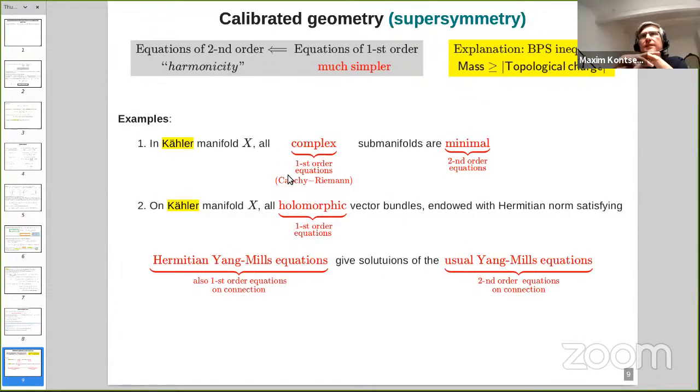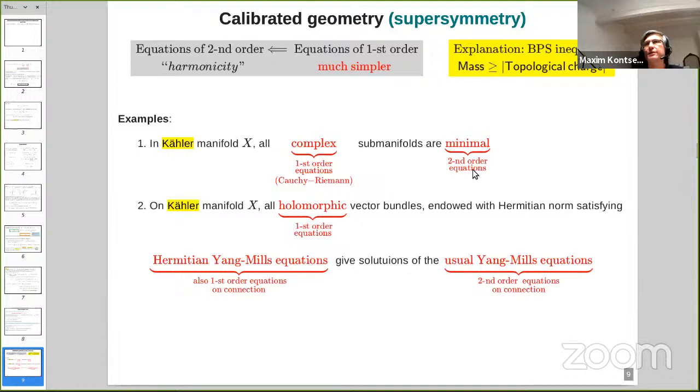So there are two basic examples which everybody knows. So consider a Kaehler manifold and consider a complex submanifold of any dimension. The complex submanifold is a real submanifold satisfying first order equations. So on the tangent space, you get the Cauchy-Riemann equation, it should be holomorphic pointwise, and they're automatically minimal, which is a second order equation.